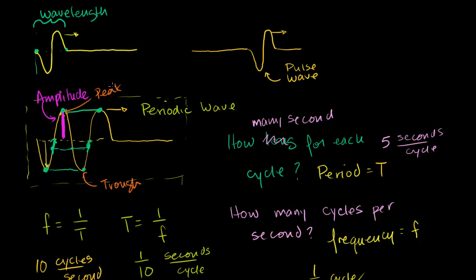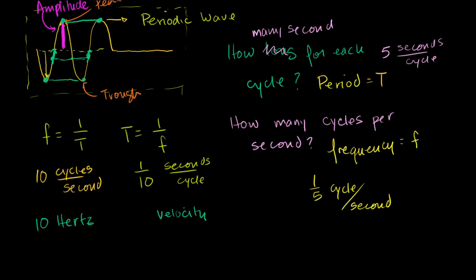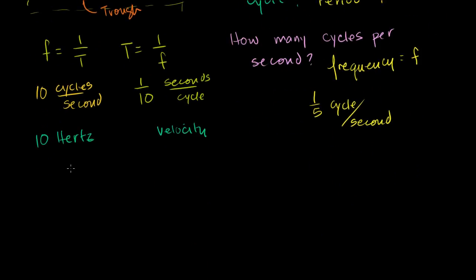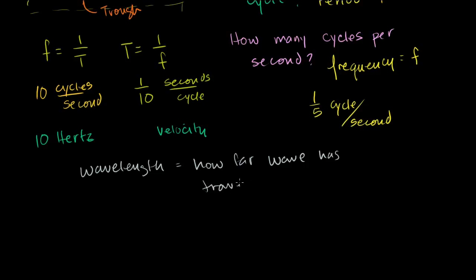So if we know how far we've traveled after one period, let me write it this way. So wavelength is equal to how far the wave has traveled after one period, or you could say after one cycle.